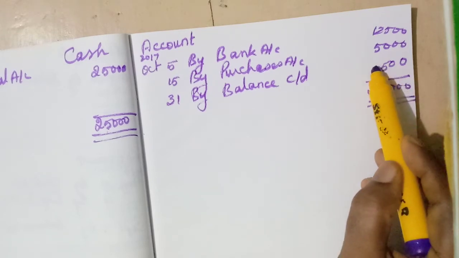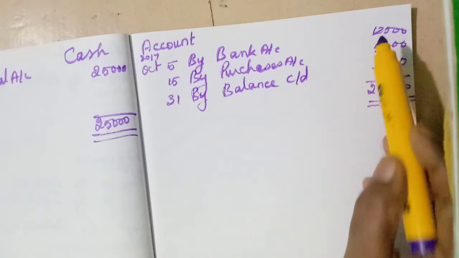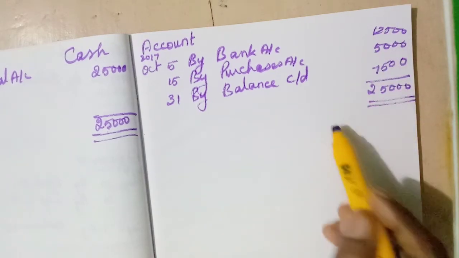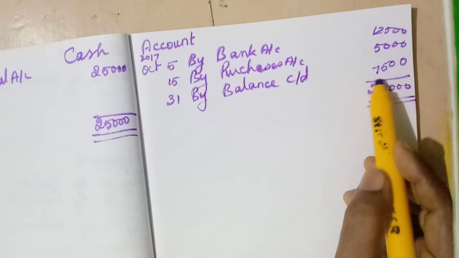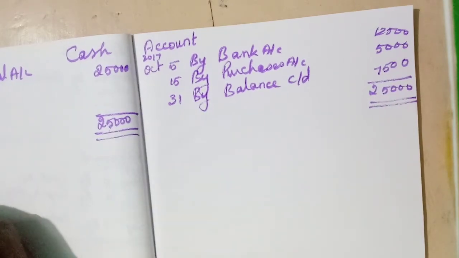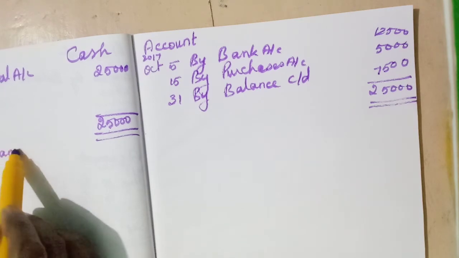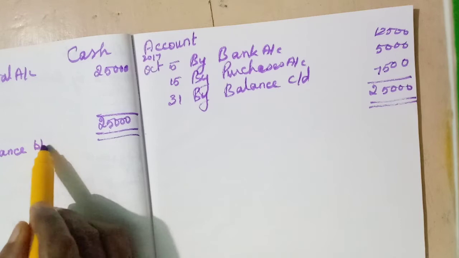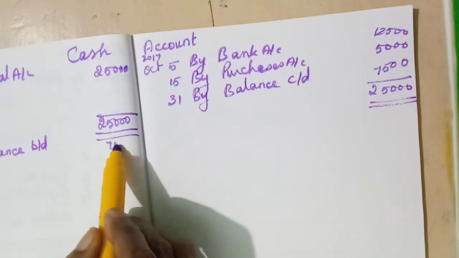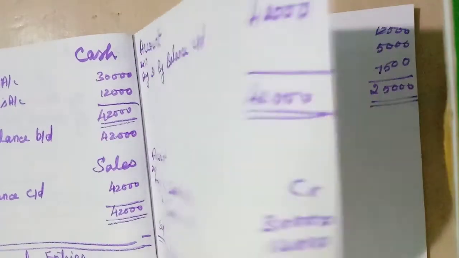So we need to add 7. Then we will get 15. The balance 1 is there. 1 plus 1, 2. So the carry down 7,500. So next date. Next date is November 1. November 1 to balance brought down 7,500. Okay. The next account after cash, capital account.